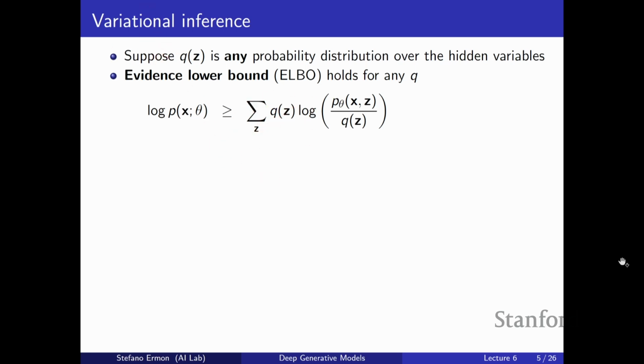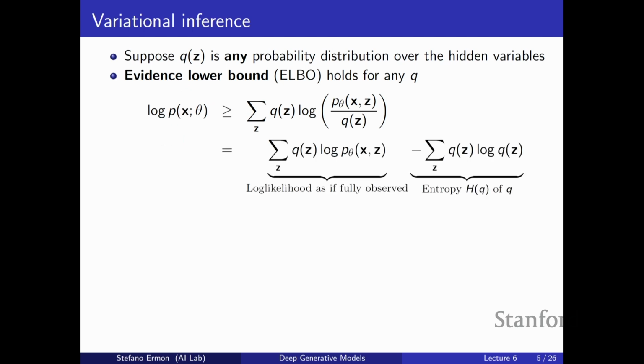Remember, the challenge is that you only get to see X, you don't get to see the Z part, so you have to infer it somehow. The ELBO trick uses a distribution Q to infer the Z variables when only X is observed, and it constructs a lower bound on the marginal likelihood, the quantity on the left, the one you would like to optimize as a function of theta.